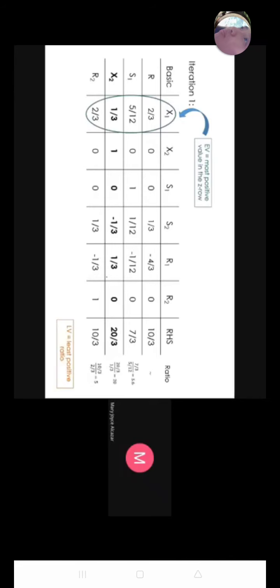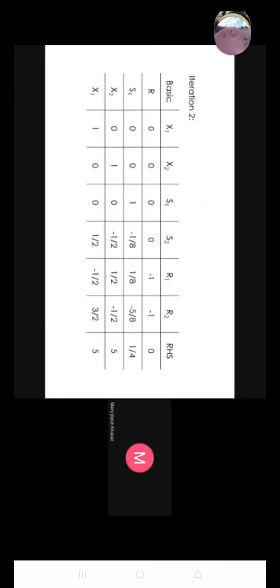So the least positive ratio is 5, and R2 is our leaving variable. After solving using Gauss-Jordan computations, this is the resulting table. Then we can see that in the R row there are no positive values.